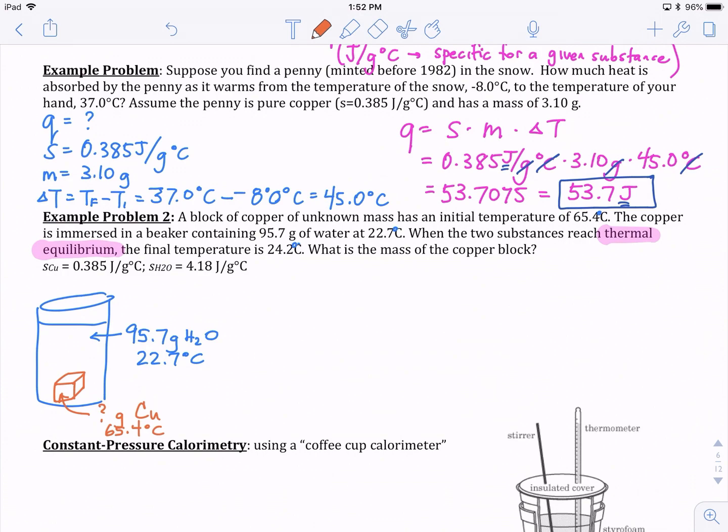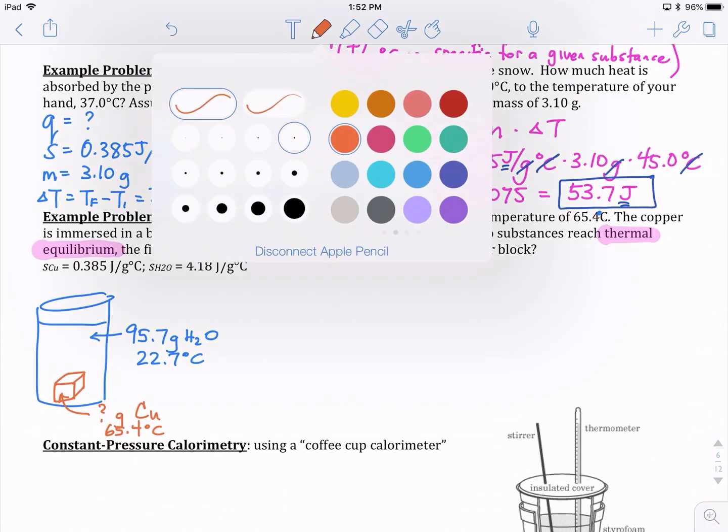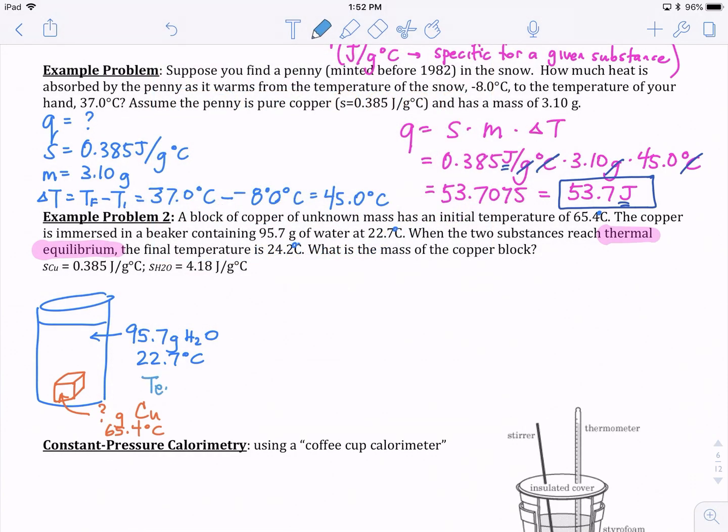Okay, and then it says the copper is immersed in the water and the two substances reach thermal equilibrium. That means their temperature together, the temperature of the mixture, is going to be 24.2 degrees Celsius.